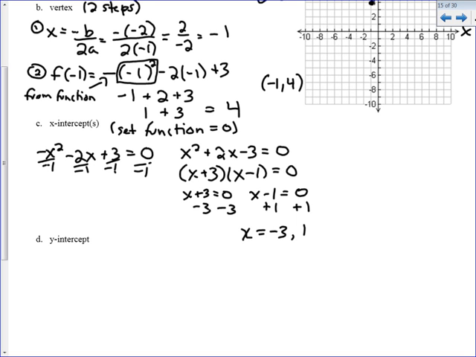Yeah, you got to do the numerator first, then divide by 2, and you should get these 2.